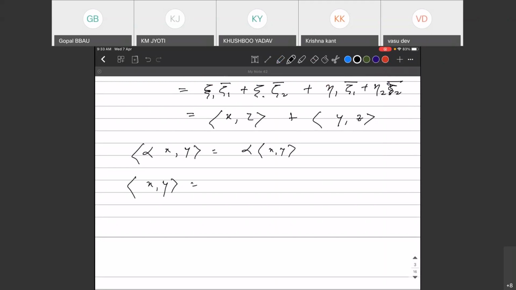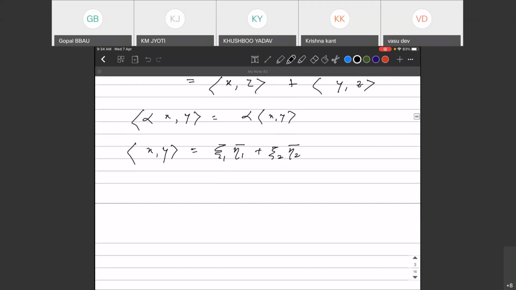So (x, y), by definition, is xi 1 eta 1 bar plus xi 2 eta 2 bar. Okay, so this is the same as the bar of eta 1 bar xi 1 plus eta 2 bar xi 2.